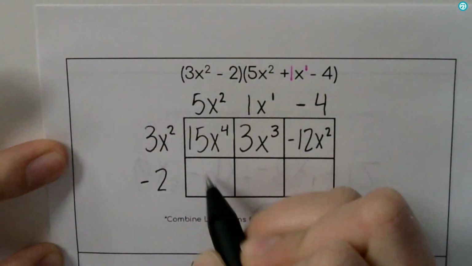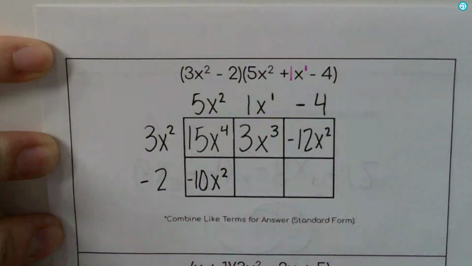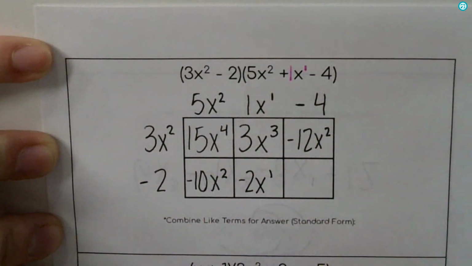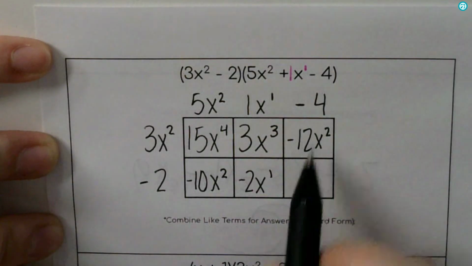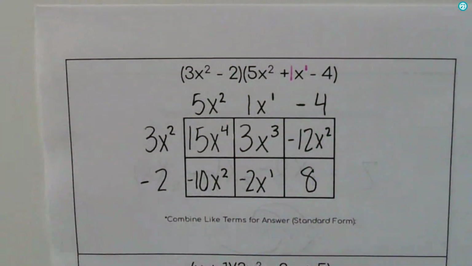Negative 2 times 5x squared is going to be negative 10x squared still. Negative 2 times 1x to the first is going to be negative 2x to the first. And negative 2 times negative 4 is going to be positive 8.